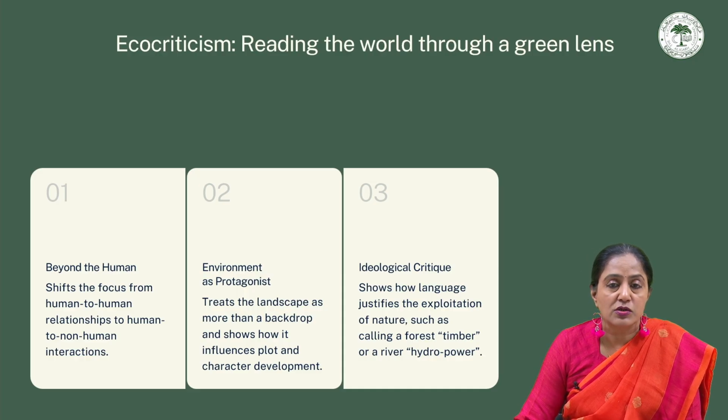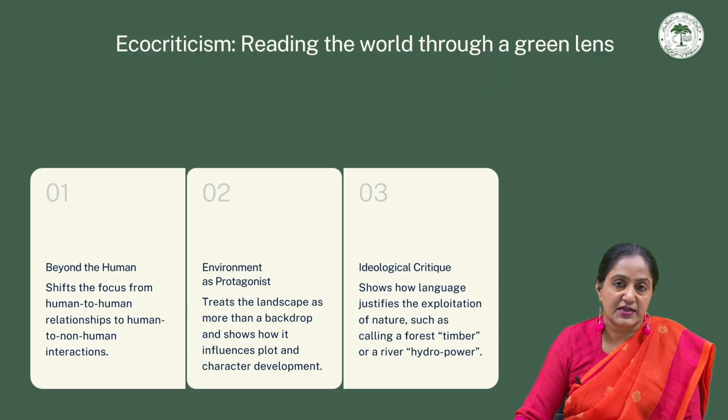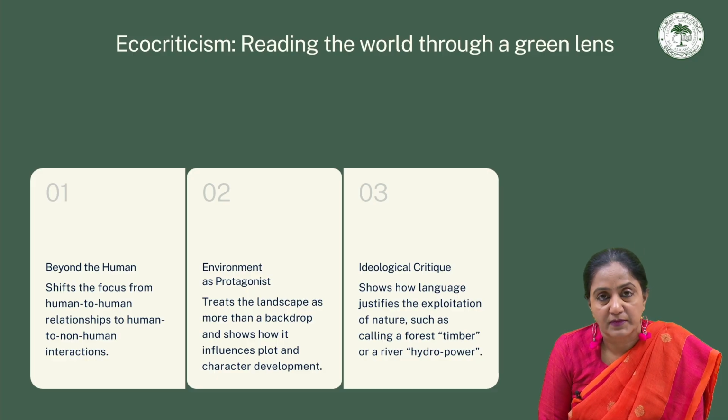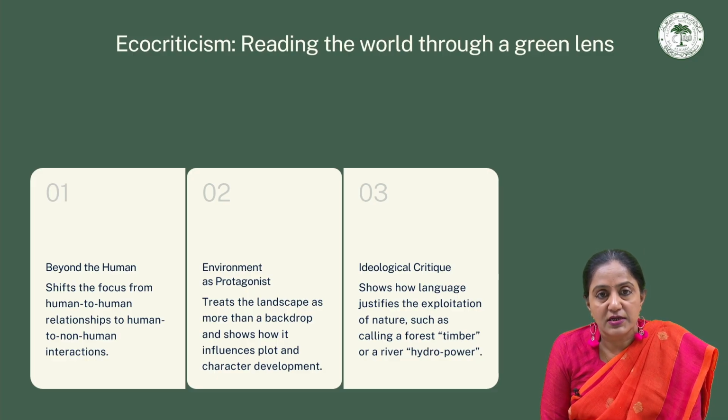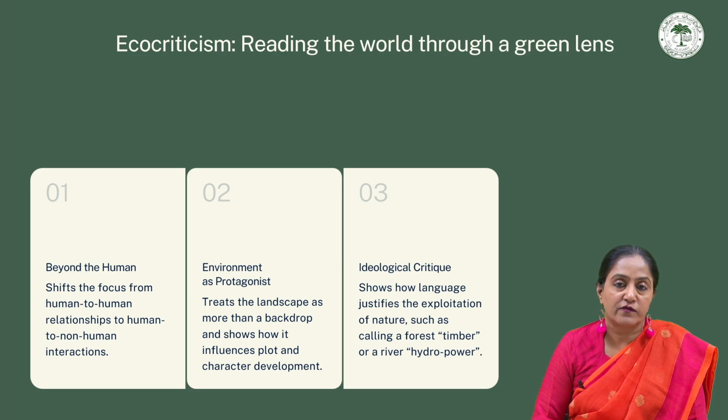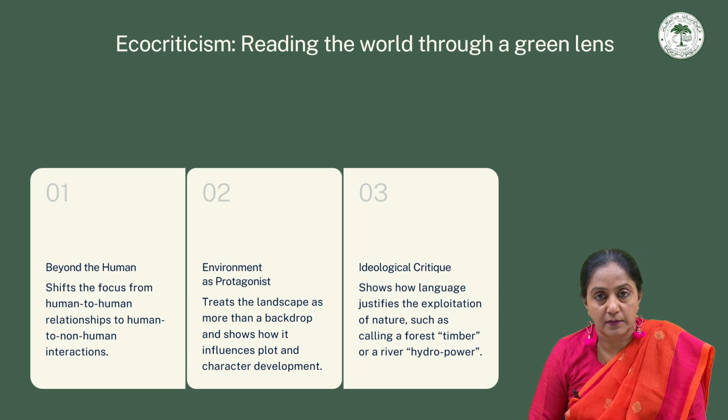Eco-criticism emerged from a simple but revolutionary question. How does literature represent the environment? Now that's a very interesting question. It appears very simple, but it has so many layers of decoding and understanding.